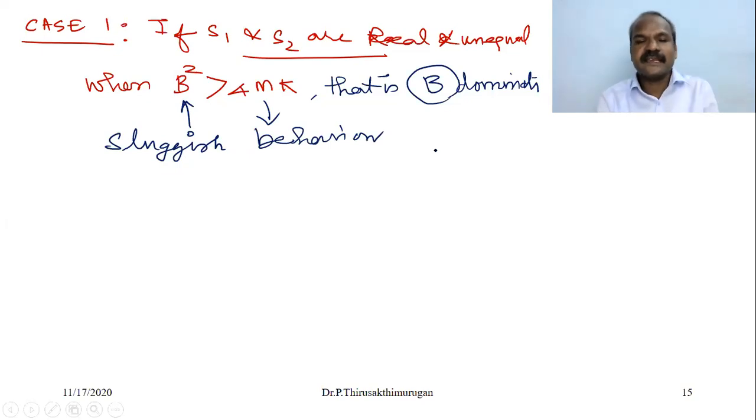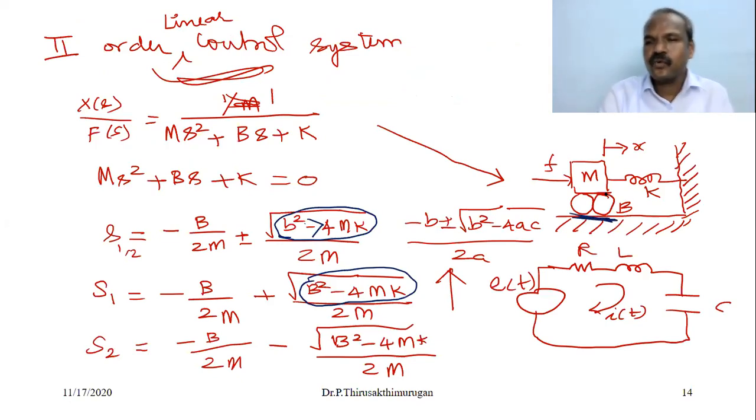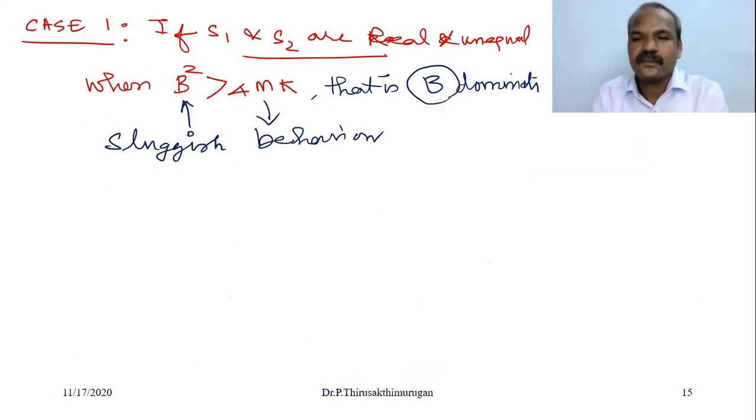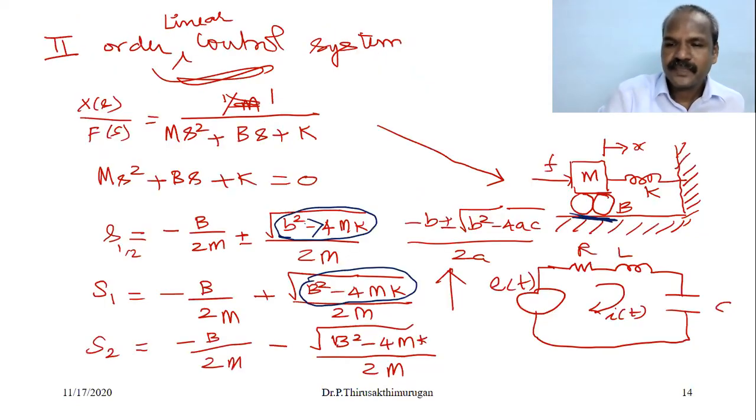What do you understand from sluggish behavior? When B is very high, there won't be any motion freely. When B is high, friction is more. When friction is more, what happens? This contributes a very sluggish response, right? Even though we applied more force, the movement is very sluggish.